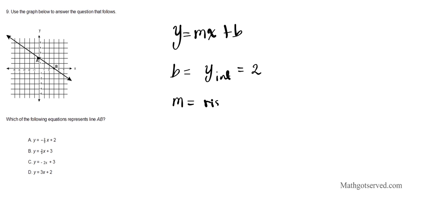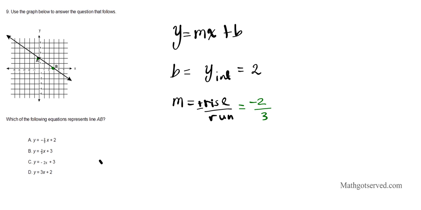So what is your slope? Slope is rise over run. Rise could be positive or negative, right? In this case, we're going to be going from this point to this point. What happened? We went down 2 units, 1, 2, which is a rise of negative 2. And then we ran 1, 2, 3.